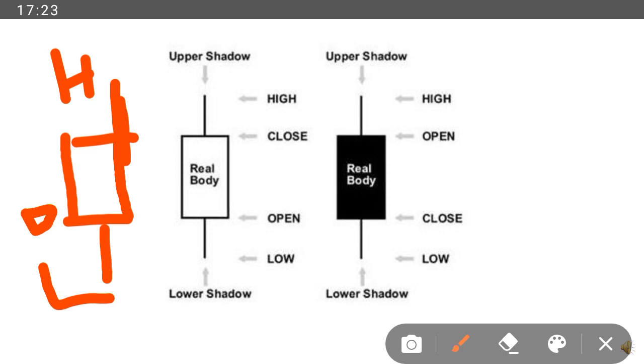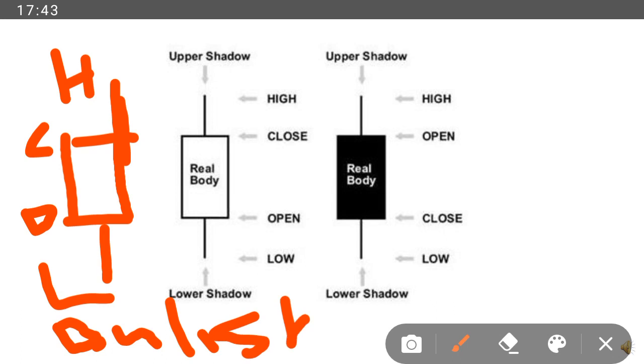But it did not close there. So it came down again and closed here. Now, this is a bullish candlestick.